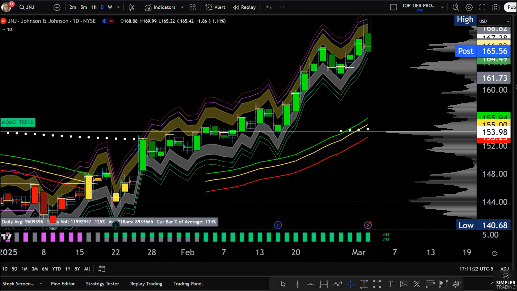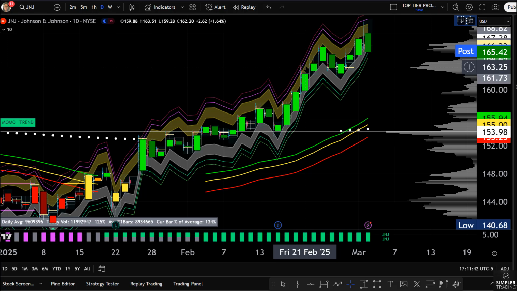Now, when we bought Johnson & Johnson, the whole idea was to find a level from which we would expect volume or volatility to create support. Support, floor, demand, buying, right? And when we think about why we get into any symbol, it's because we expect follow through, right? We're expecting there to be movement from that level.